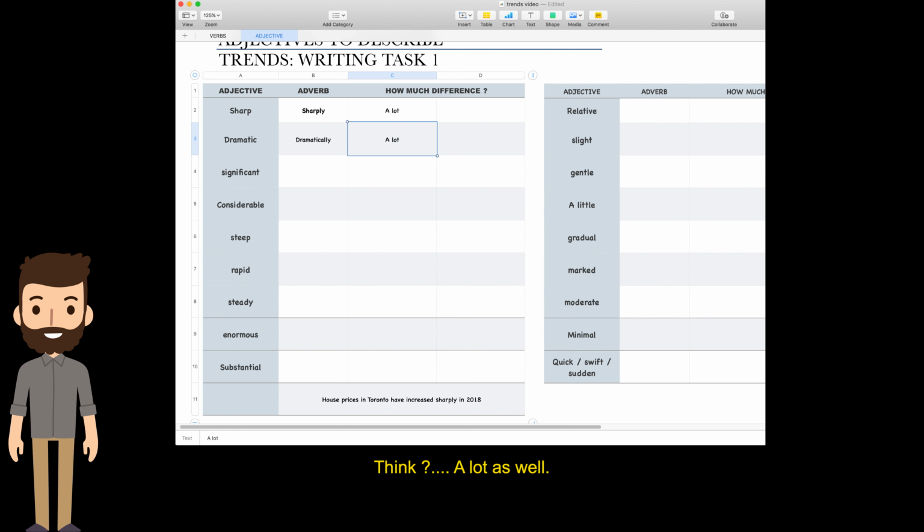A lot as well. Significant, significantly, and a lot. Considerable, considerably, and it's a lot as well.